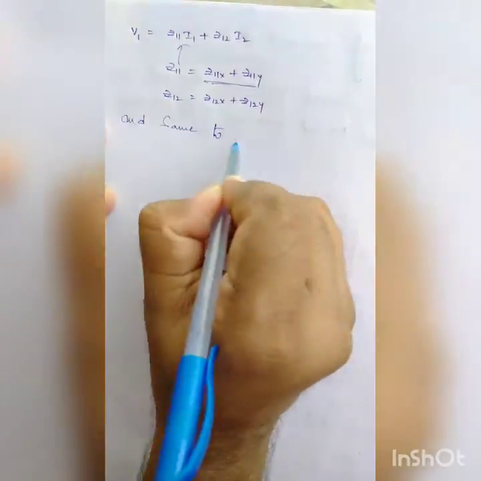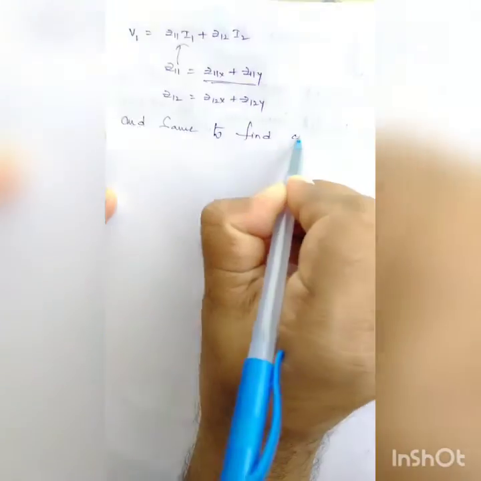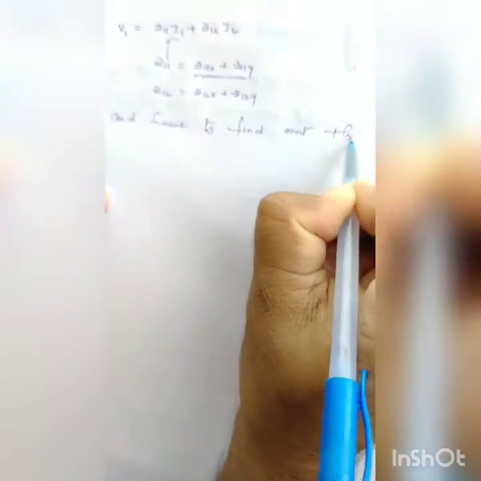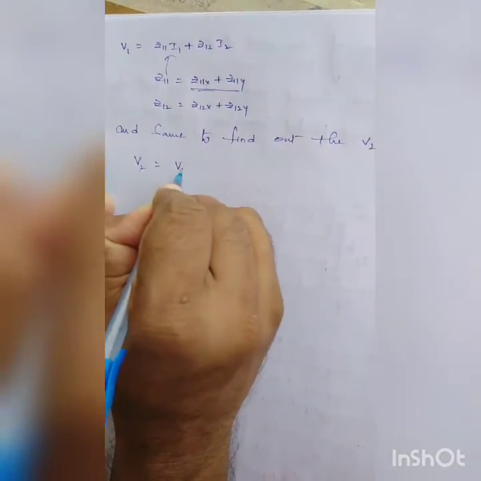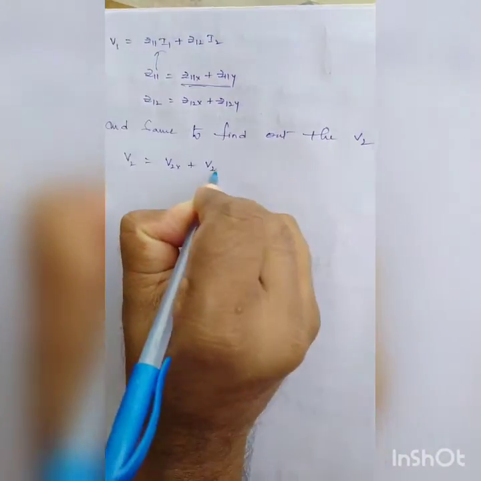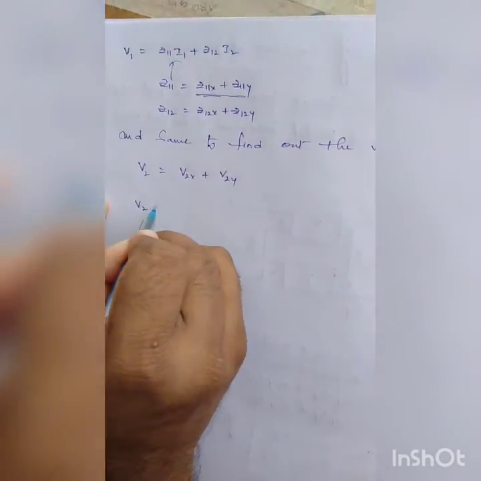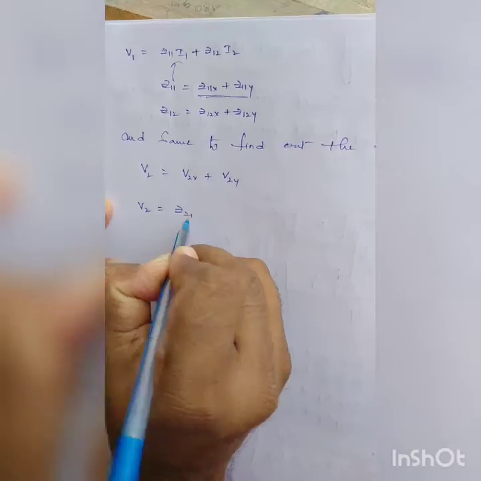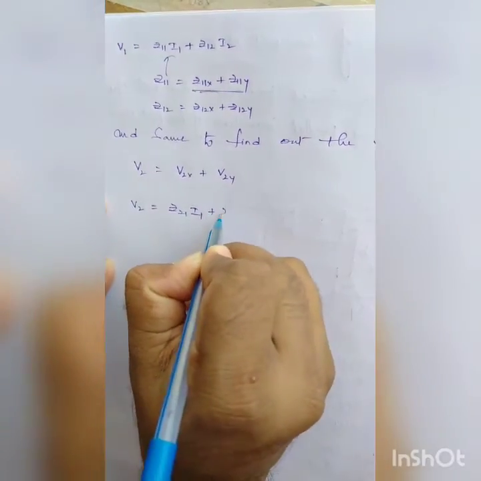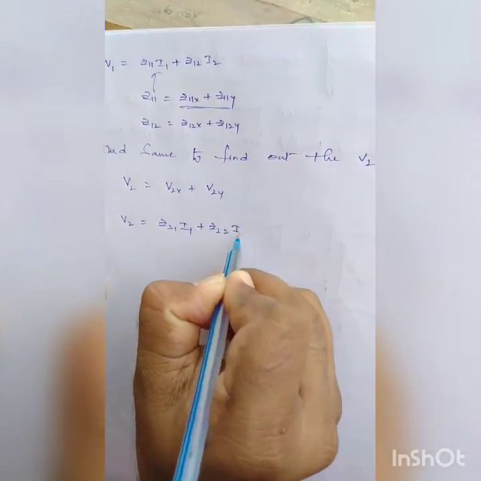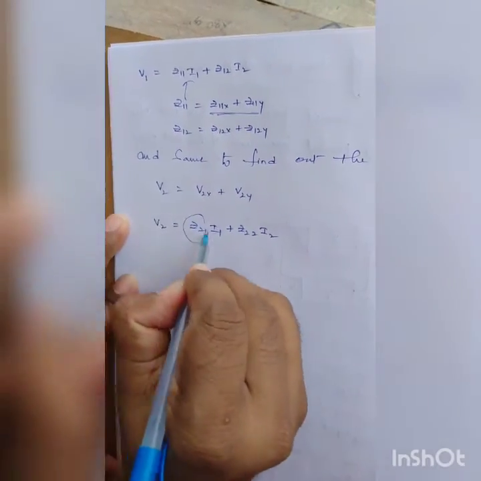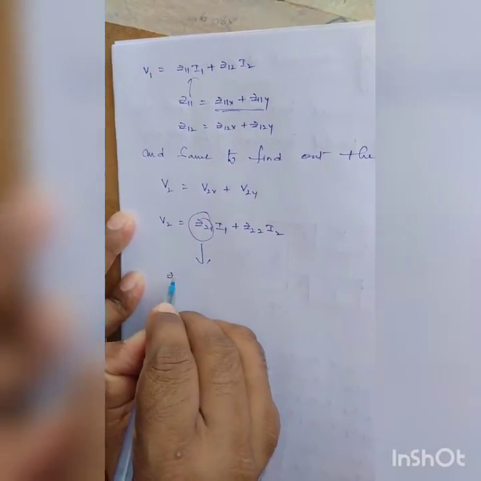Similarly, to find the V2 value, V2 is equal to V2x plus V2y. V2 is equal to Z21 I1 plus Z22 I2. What is the value of Z21?